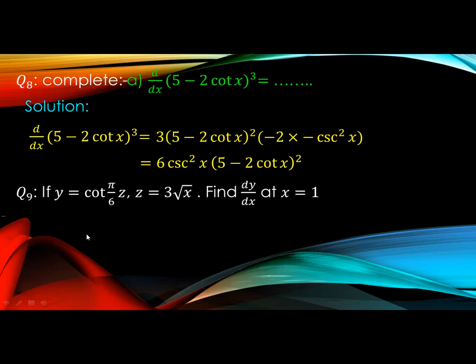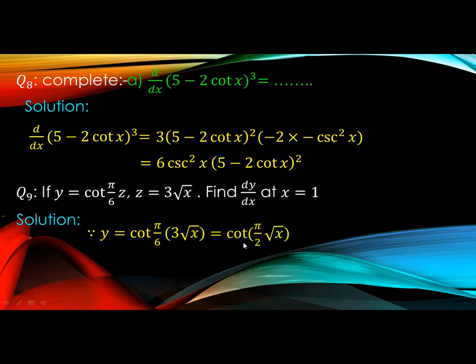Exercise number 5. If y equals cotan pi over 6 z, and z equals 3 root x, find dy by dx at x equals 1. This curve is a composite function, so in the first step we find the differentiation, or we can substitute the value of z in the first function. So y equals cotan pi over 6, and substitute z by 3 root x.